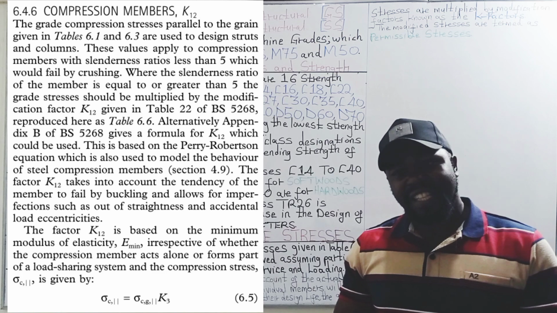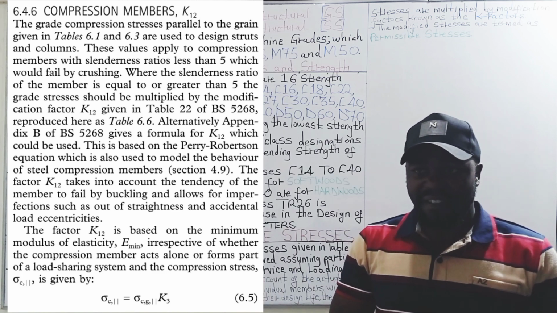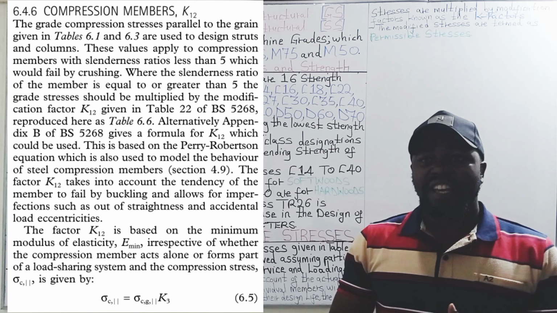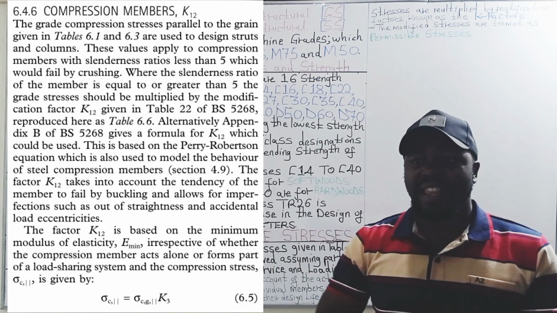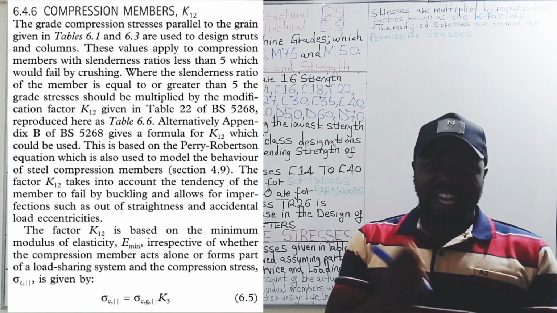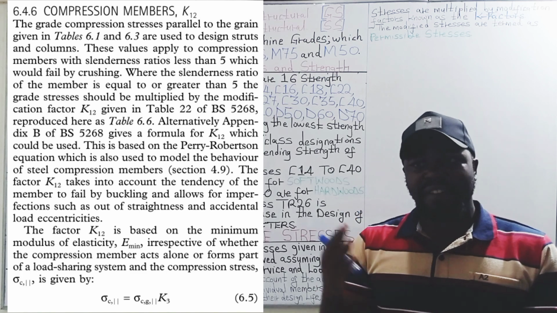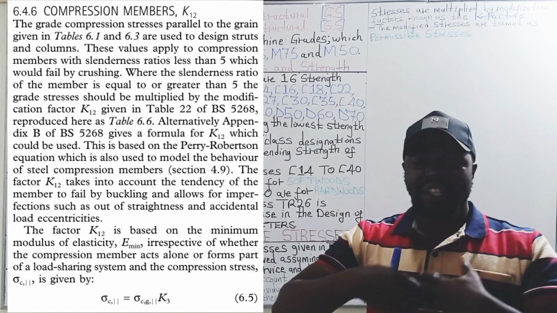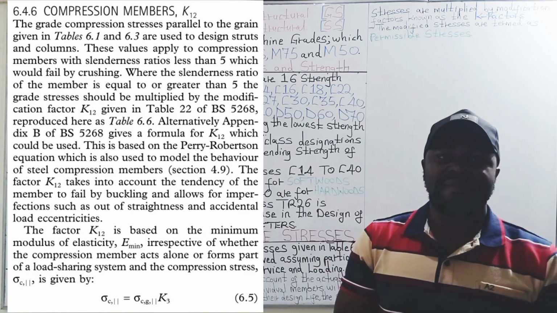Where the slenderness ratio of the member is equal to or greater than 5, the grade stresses should be multiplied by the modification factor K12 given in table 22 of BS 5268, which is reproduced in this book as table 6.6.